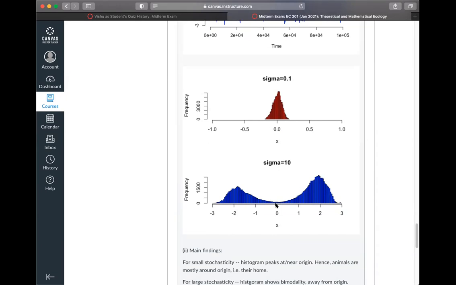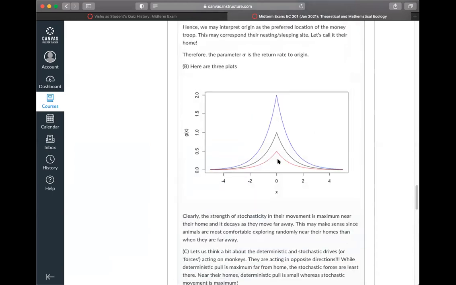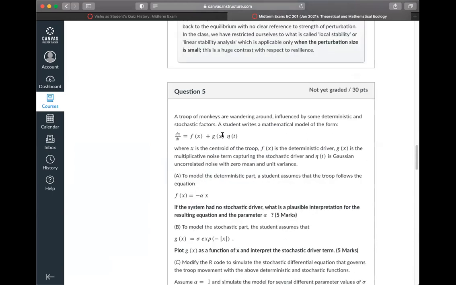These types of behavioral changes caused by stochasticity happen only when you have multiplicative noise. So let's go back to this equation. Only if g of x was a constant, you would never see this behavior. You will see it only for multiplicative noise problems. Multiplicative noise means that the strength of noise depends on the state itself.